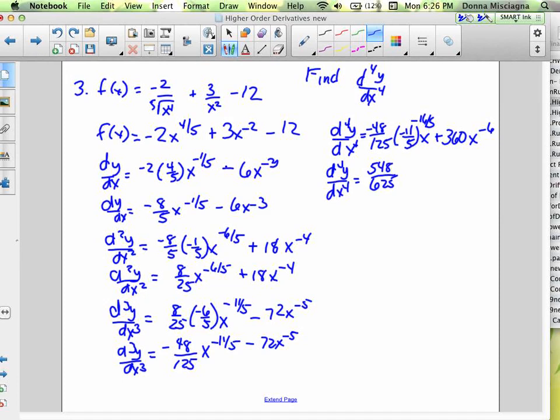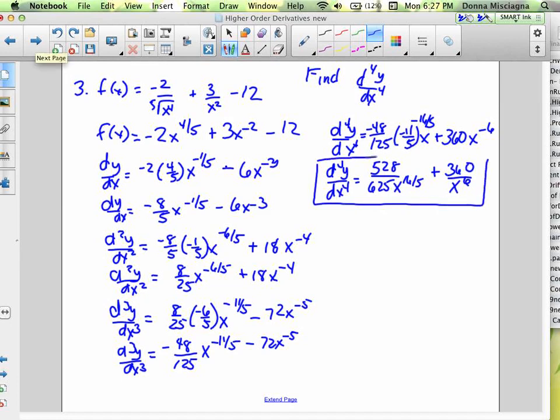Yep, 528. Added too many in there, holding it in my head. So 528/625 and we may as well simplify the negative exponent now. So that's 528 in the numerator, 625 x to the 16/5 power, and then plus 360, and in the denominator, x to the 6th power. And there we go. There's the fourth derivative.